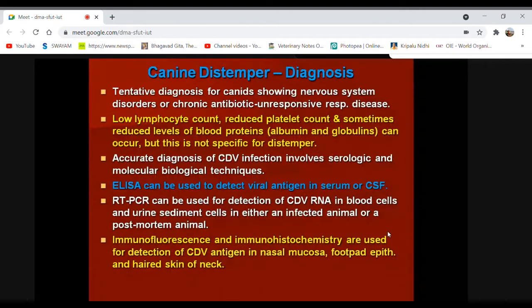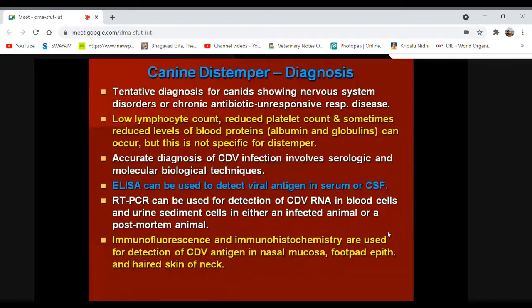Now coming to the tentative diagnosis of affected animals showing clinical signs of the nervous system and a chronic, antibiotic-unresponsive respiratory disease, you can suspect canine distemper.